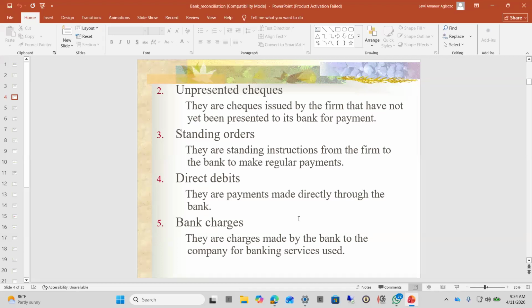Then when we talk about bank charges itself, it is the commission the bank charges you for rendering services for you. At the end of the month, they charge you something. Sometimes even if they make some transfer for you, they charge you something. Those can be a direct debit. And the bank charge itself is for the services they render for you, the charge for the period. That is the bank charge. I hope we got the difference.